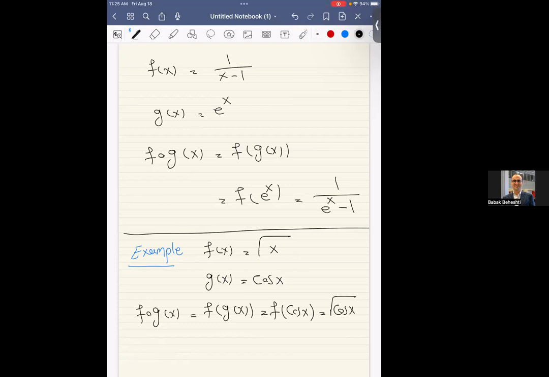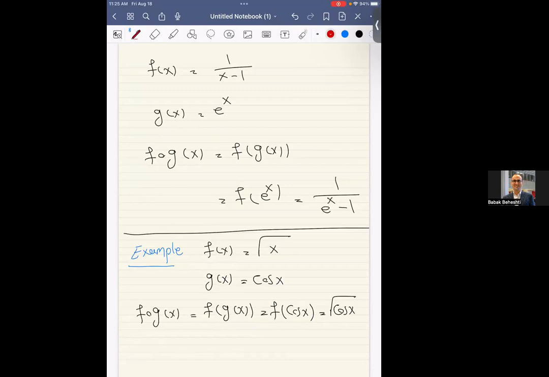So here, the only restriction is that the cosine must be positive, right? First of all, there is no restriction on g of x, which is cosine. There's no restriction on cosine. But the only thing is cosine must satisfy the restriction for f, which is a square root.